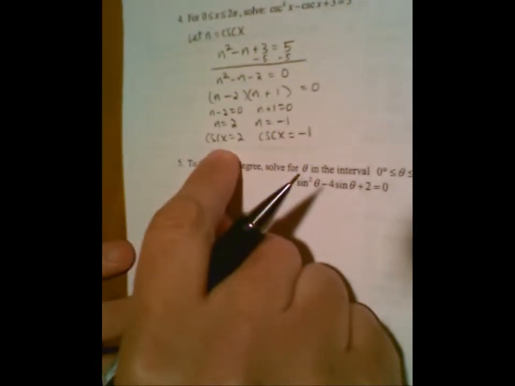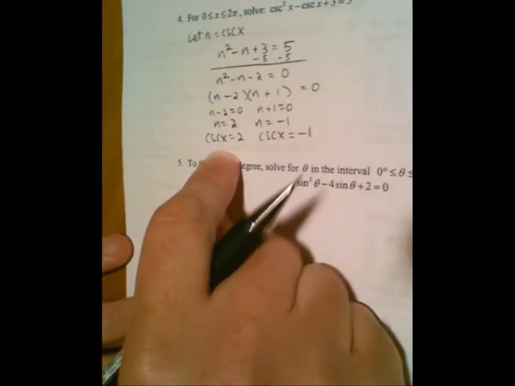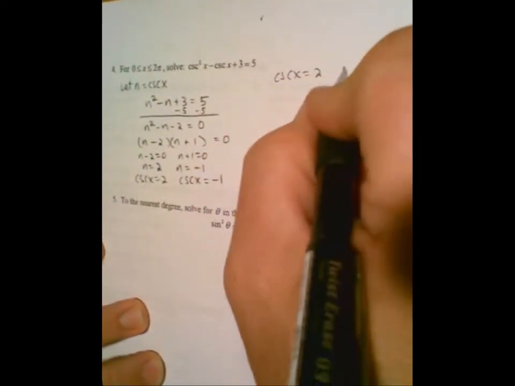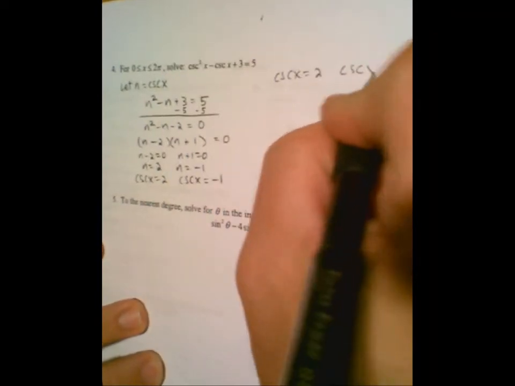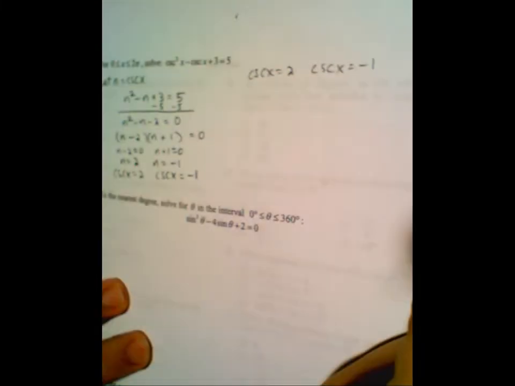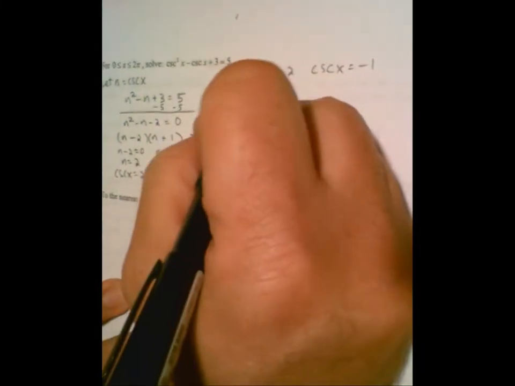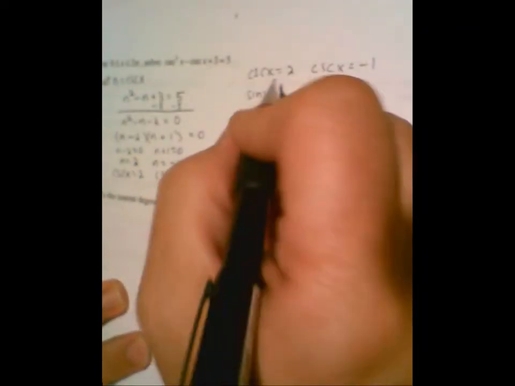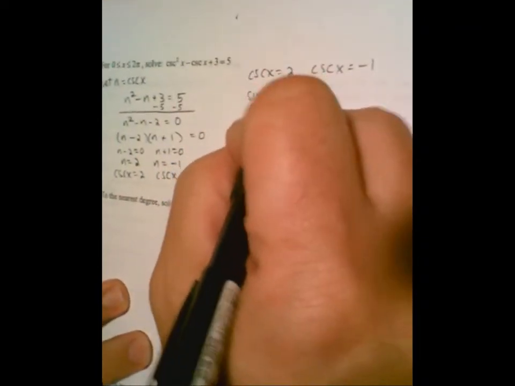The reciprocal of cosecant is sine. I'm going to rewrite this up here on the right. Cosecant x equals 2, and cosecant x equals negative 1. So if I take the reciprocal of cosecant, and that's sine of x, then the reciprocal of 2 is 1/2.